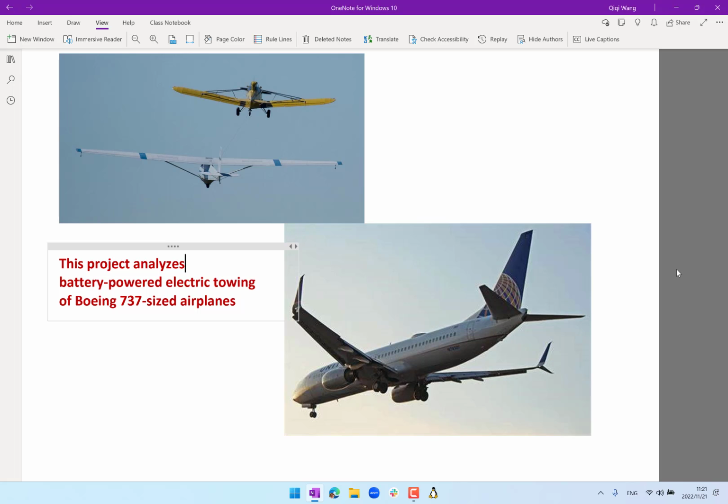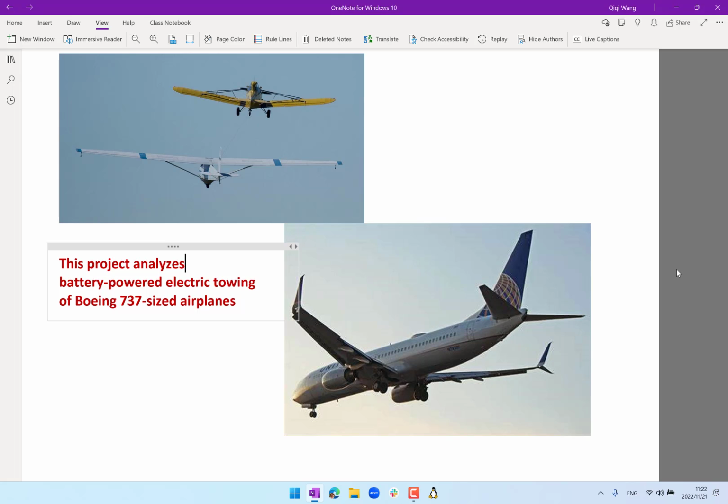So can we redesign the towing airplane? Should we make it bigger or smaller? Should we make the wing higher aspect ratio, lower aspect ratio? The fuselage smaller or bigger? So how do we size the towing airplane to make it do its job even better? So that's going to be the 2nd week.